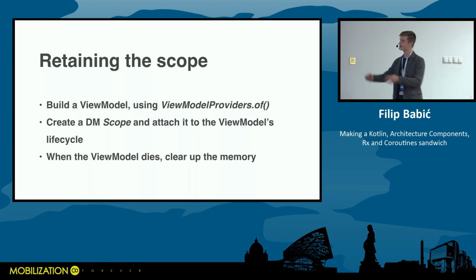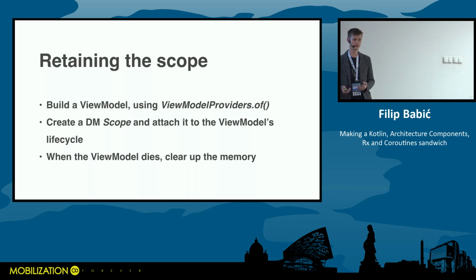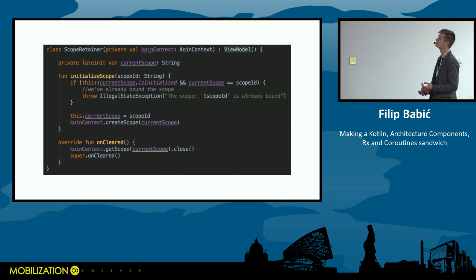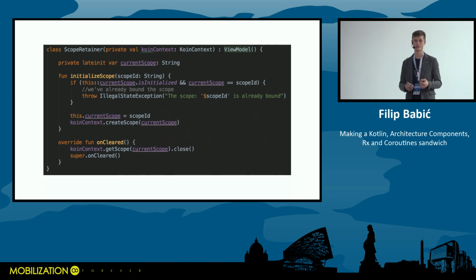This sounds complex, but in reality, it boils down to this. This is a really simple class. We get the Koin context, which is the general information about the dependency graph using Koin. We have the current scope as a lateinit var because we have to allocate it. This check is here just so we don't try to recreate the same scope twice or multiple times.